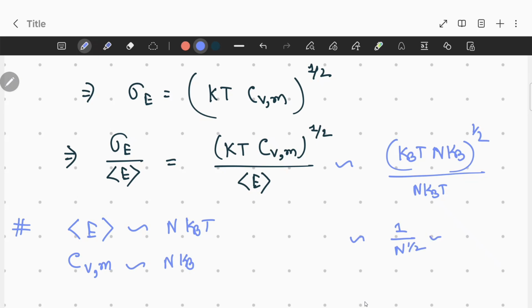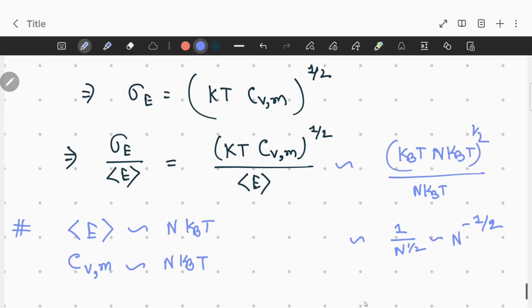So it is actually of the order of n to the power minus half. K is a constant, T is temperature. Oh, sorry, no, it is nkT. Now it's correct, right?